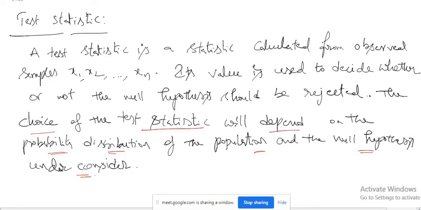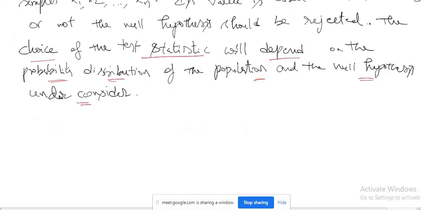So the test statistic depends on the probability distribution of the population and on how we constructed the hypothesis. Next definition.